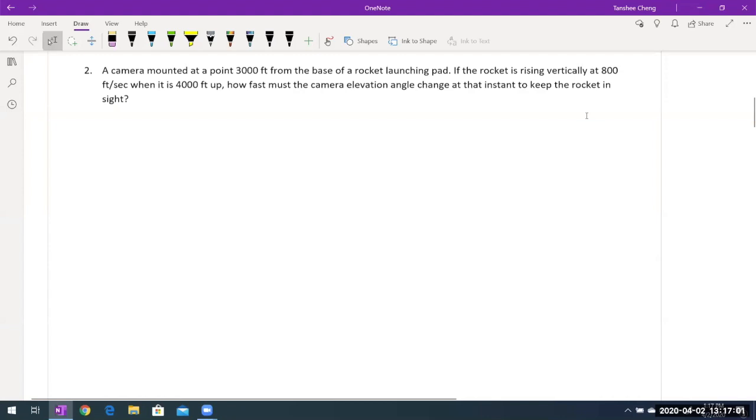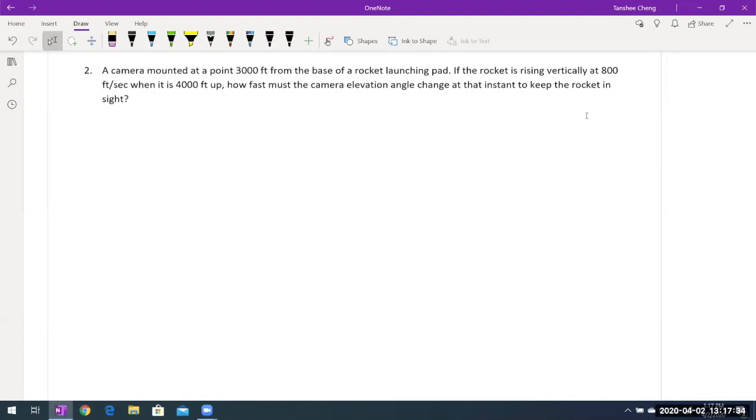For the second problem: a camera is mounted at a point 3,000 feet from the base of a rocket launching pad. If the rocket is rising vertically at 800 feet per second when it is 4,000 feet up, how fast must the camera's elevation angle change at that instant to keep the rocket in sight?